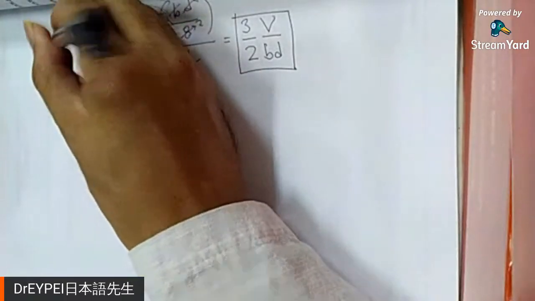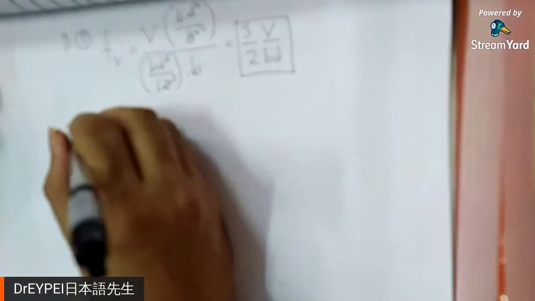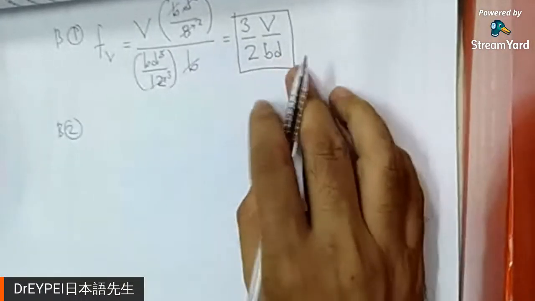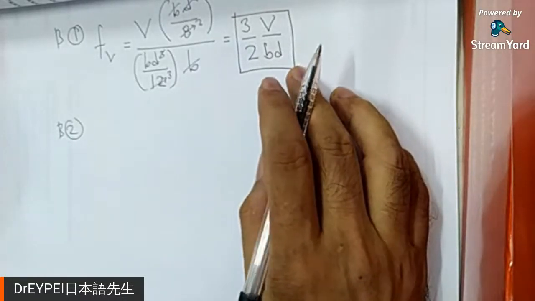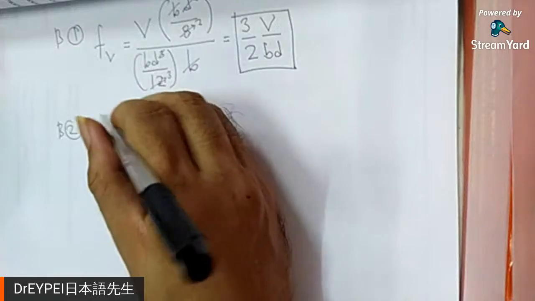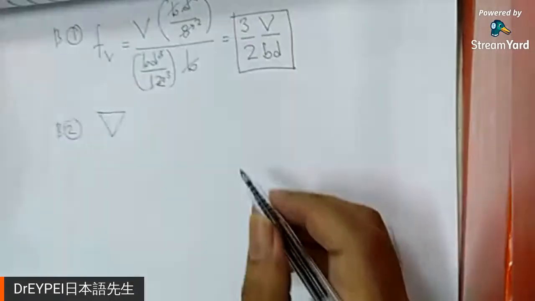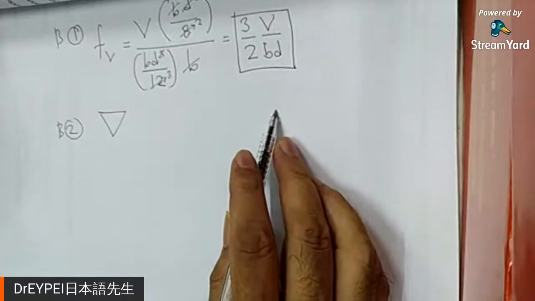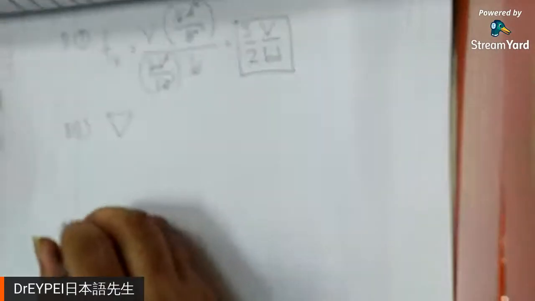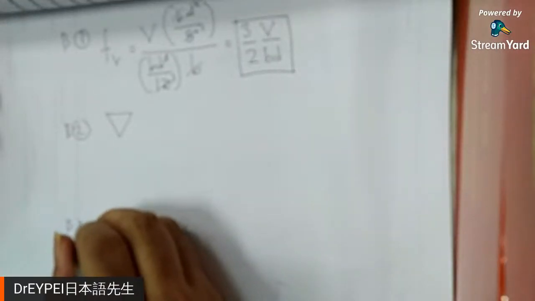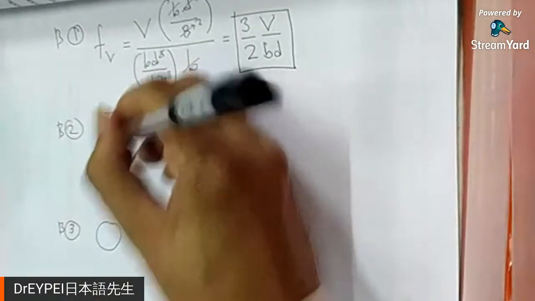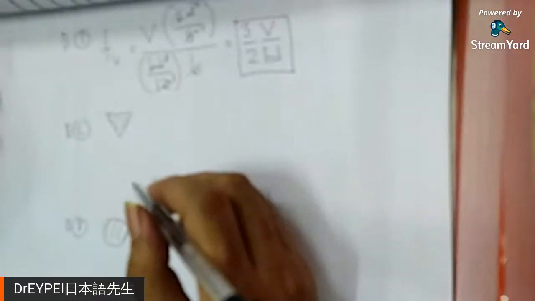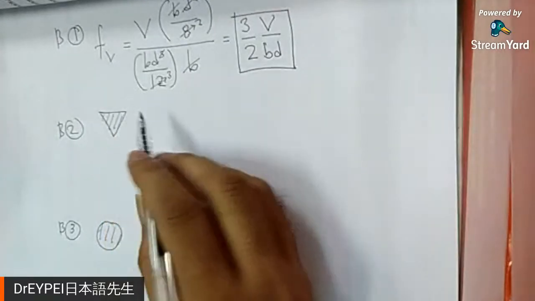That is one. How about another shape? For example, triangular cross-section. So the cross-section is like this. How can you solve it if the cross-section is not rectangular? What is the formula?